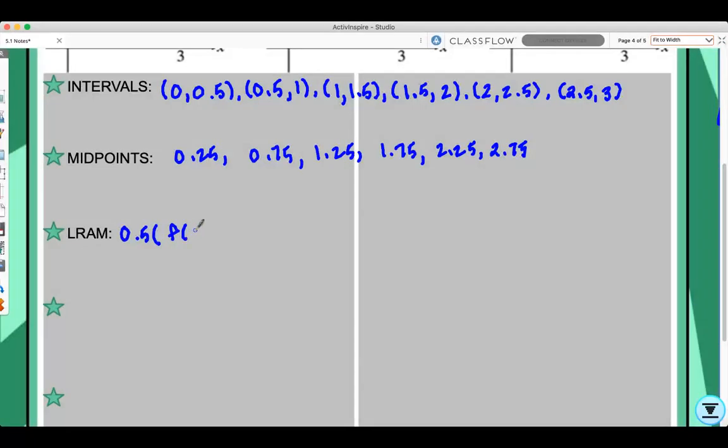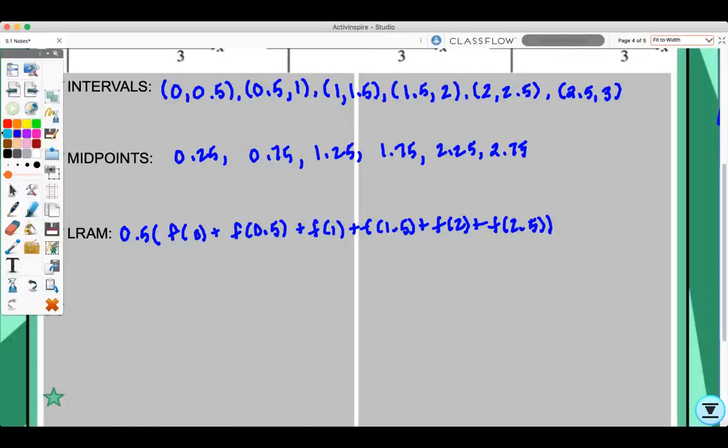So f of 0 plus f of 0.5, our left endpoints, plus f of 1 plus f of 1.5 plus f of 2 plus f of 2.5. I got our left endpoints from the intervals up here: 0, 0.5, 1, 1.5, 2, and 2.5.